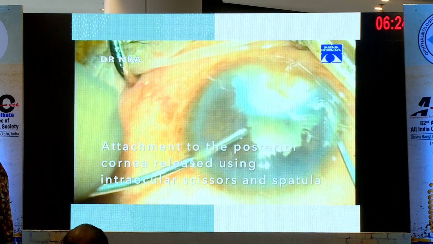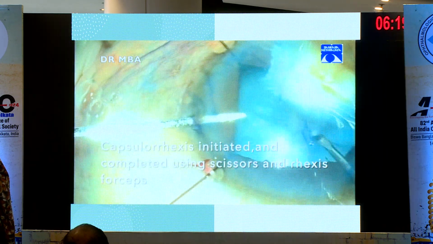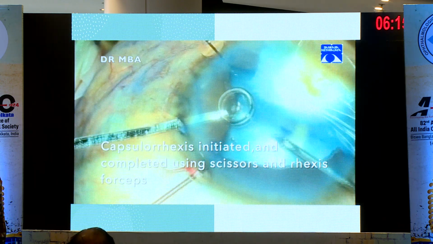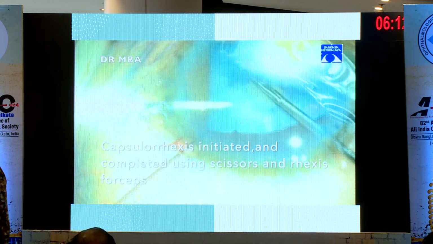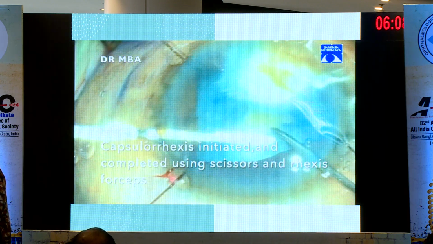Then the posterior attachment to the cornea was released using scissors, followed by iris hooks application and application of trypan blue dye inside. Capsulorhexis was initiated and completed using intraocular scissors and rhexis forceps. The enlargement was done using rhexis forceps here.